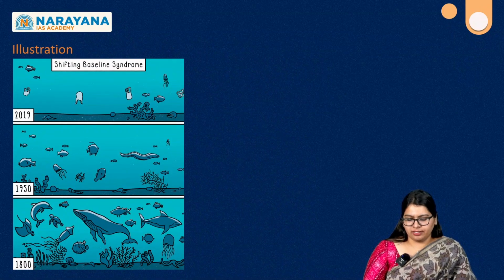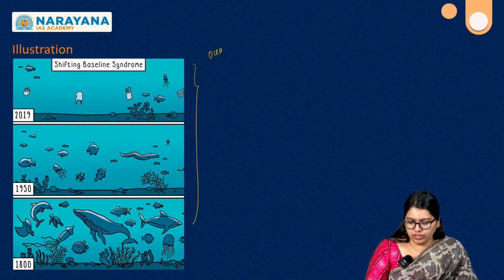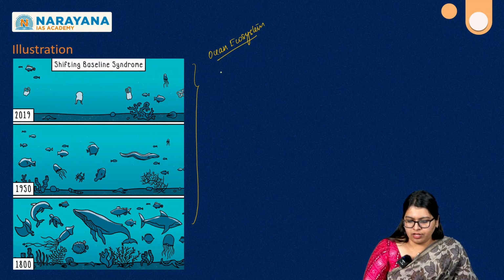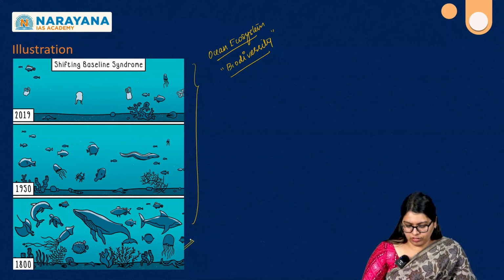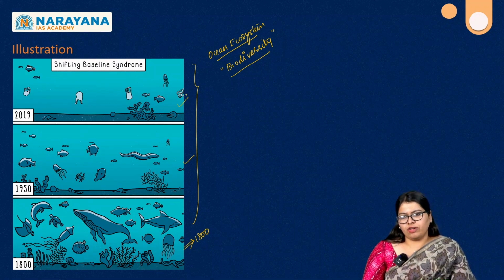So let us consider this particular ocean ecosystem with its biodiversity of differing periods. So this was the ocean ecosystem with its biodiversity and different species in the 1800s, and this of 1950, and this is 2019.